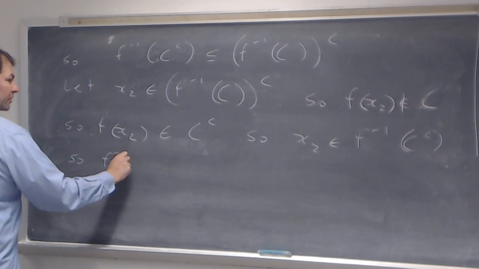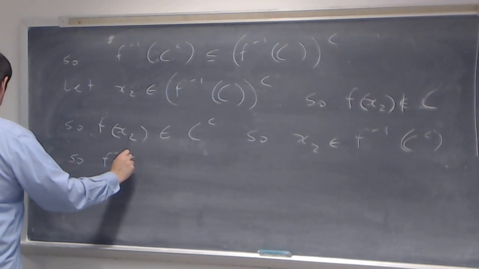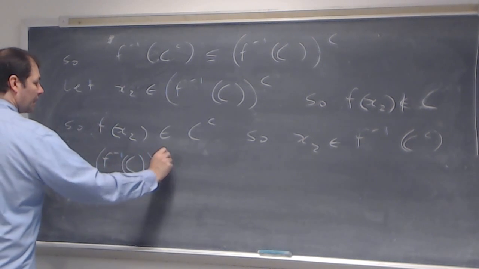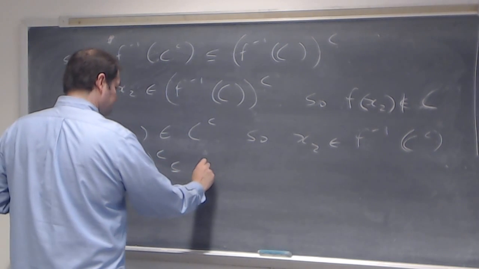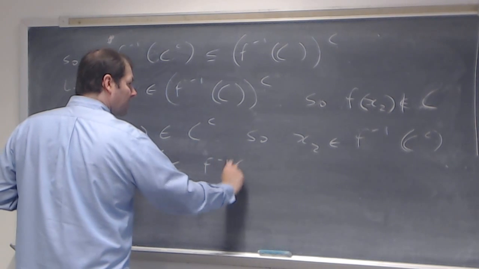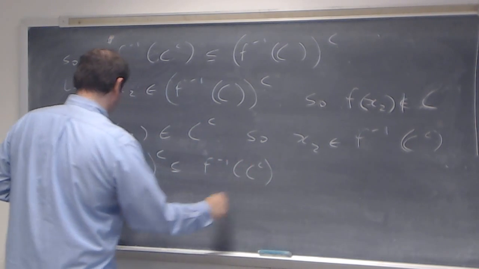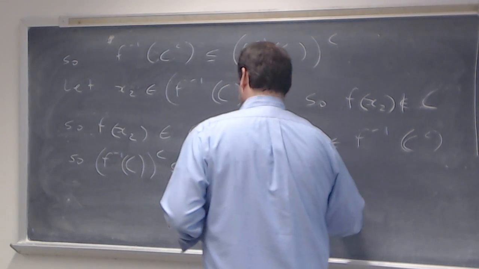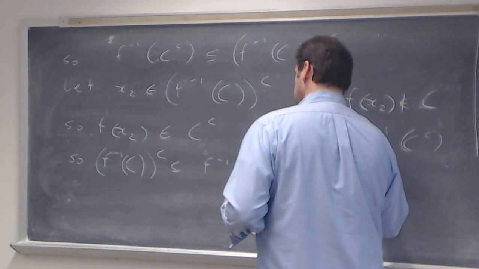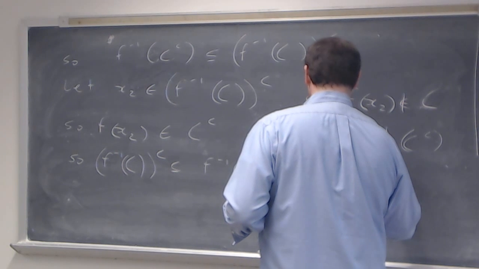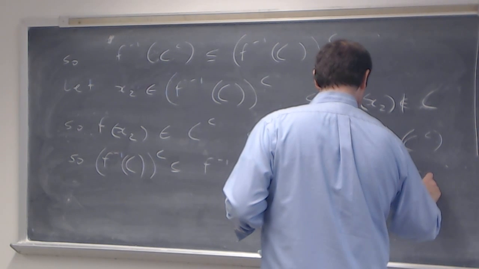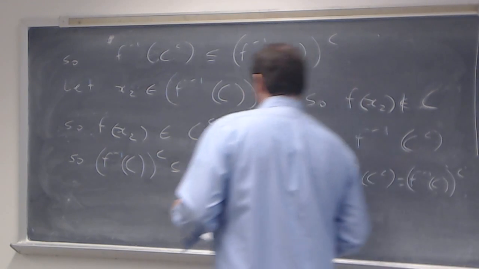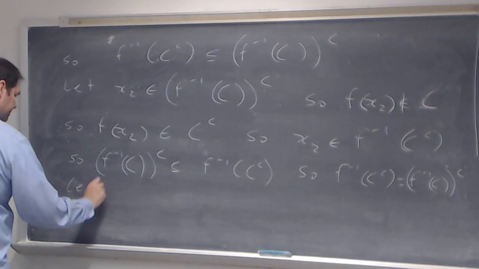That is that the complement of F inverse of C is contained in F inverse of C complement in this fashion. So these two sets are the same. And that ends the proof of the claim.